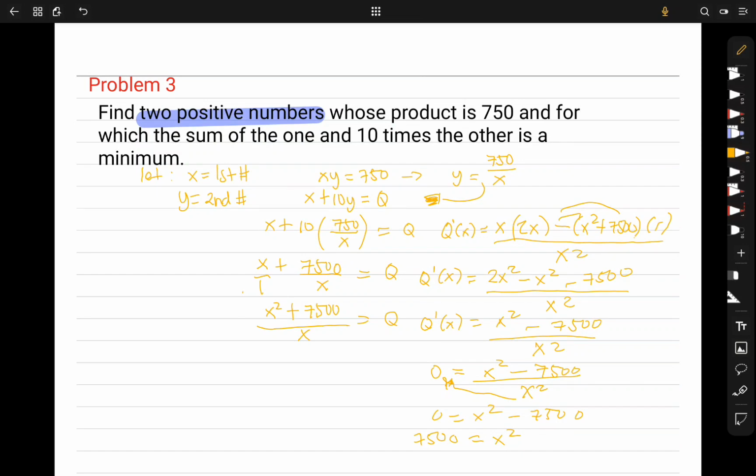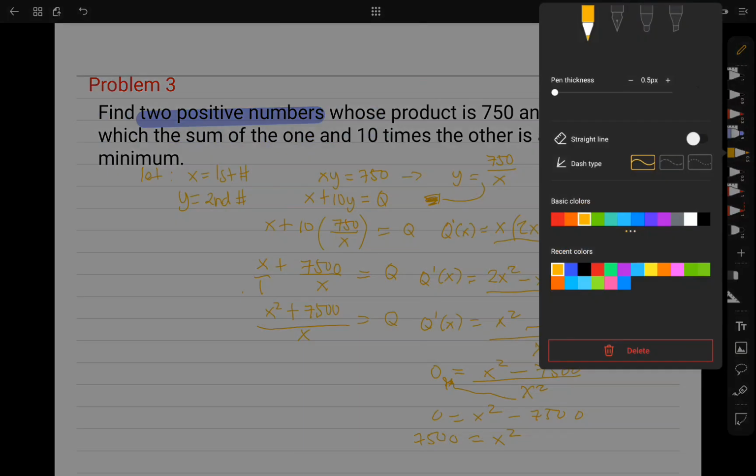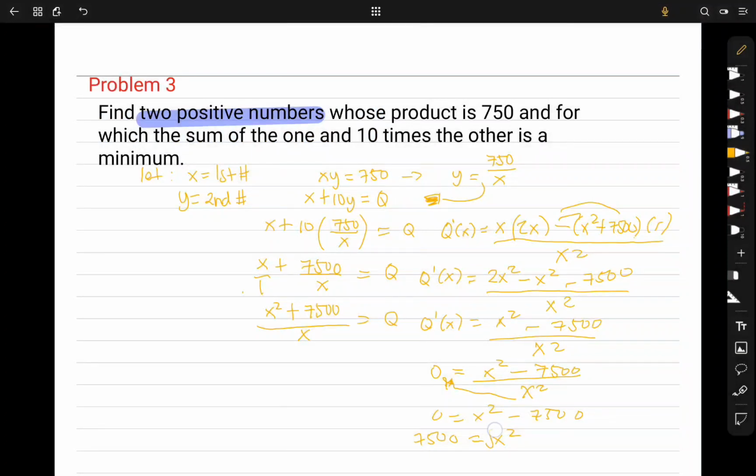So to get x, we just take the square root of both sides. So x will be the square root of 7,500. So the 7,500 can be split into the square root of 50 squared multiplied by 3.